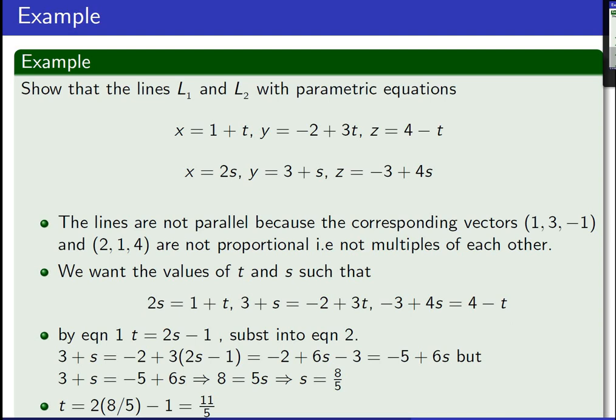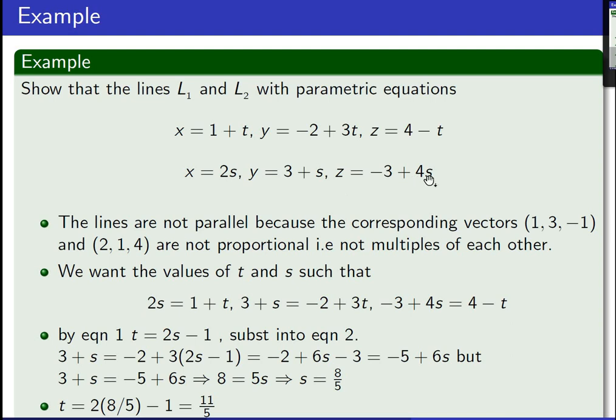So if we look at the direction vectors of these lines, the first line has direction vector (1, 3, -1). Remember that direction vectors are the multiples of the parameter.